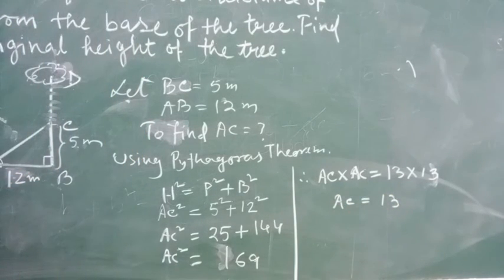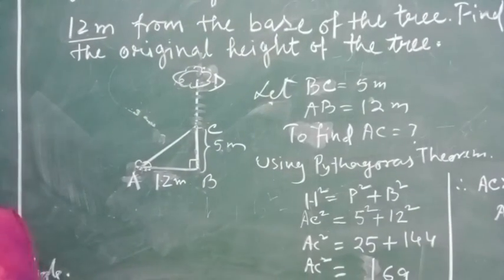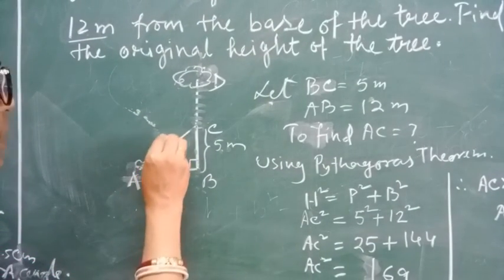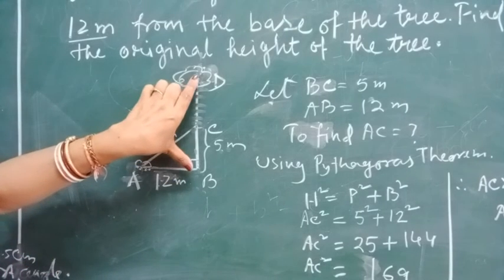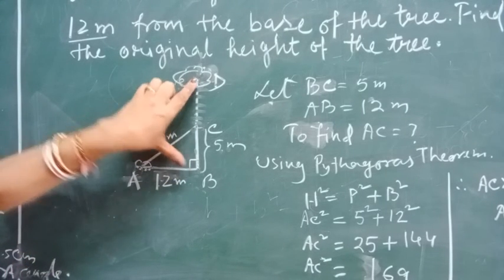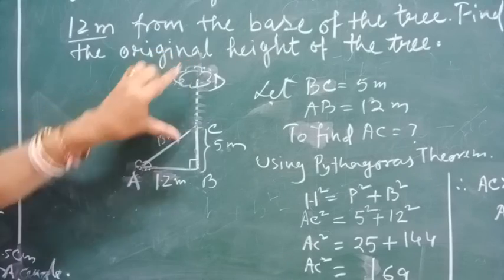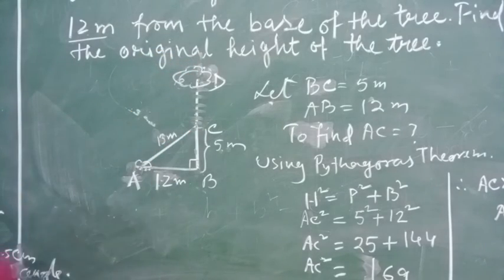So in this diagram, students, if you find out the length of AC, which is 13 meter, then what will be the total original height of the tree? You will add this one here, and it will be the original height of the tree. So you can write it in this way.